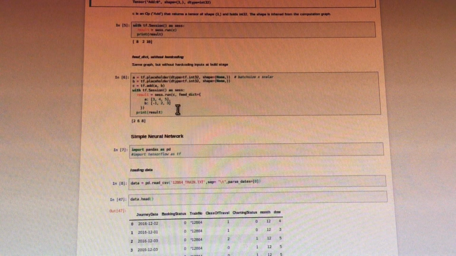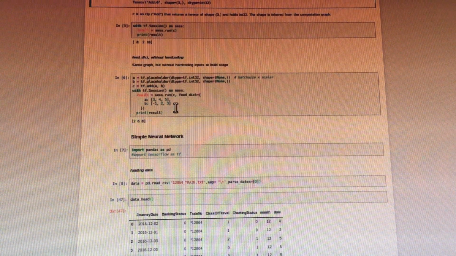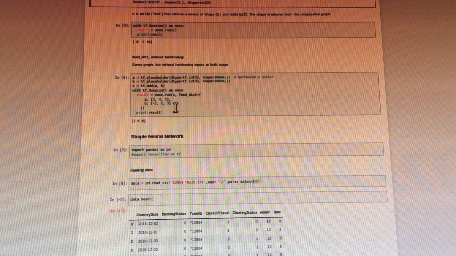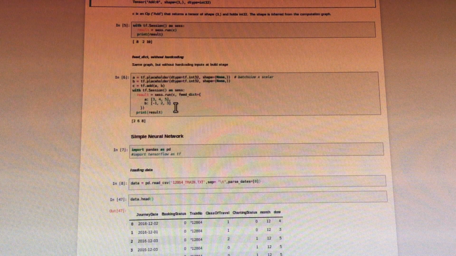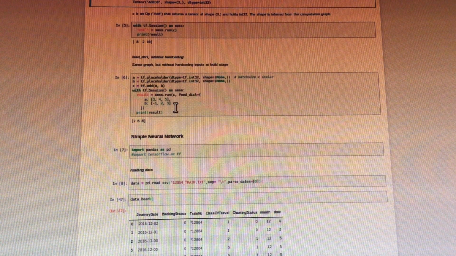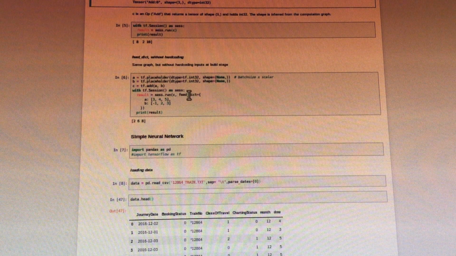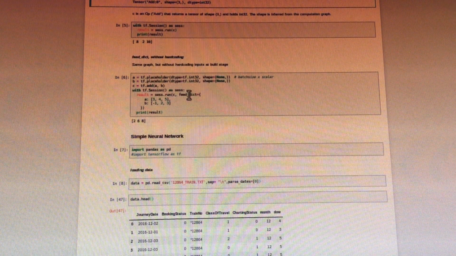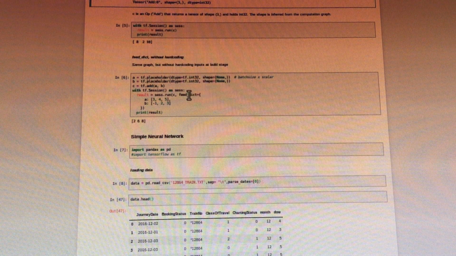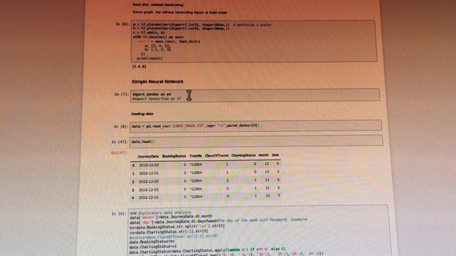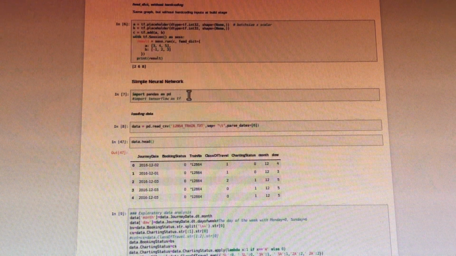During the session we are assigning the values for graph A and graph B, and that is the difference from the last one, without the hard coding process. This is very common, and we will use this method of making the graph for the simple neural network and next the multi-layer neural network.